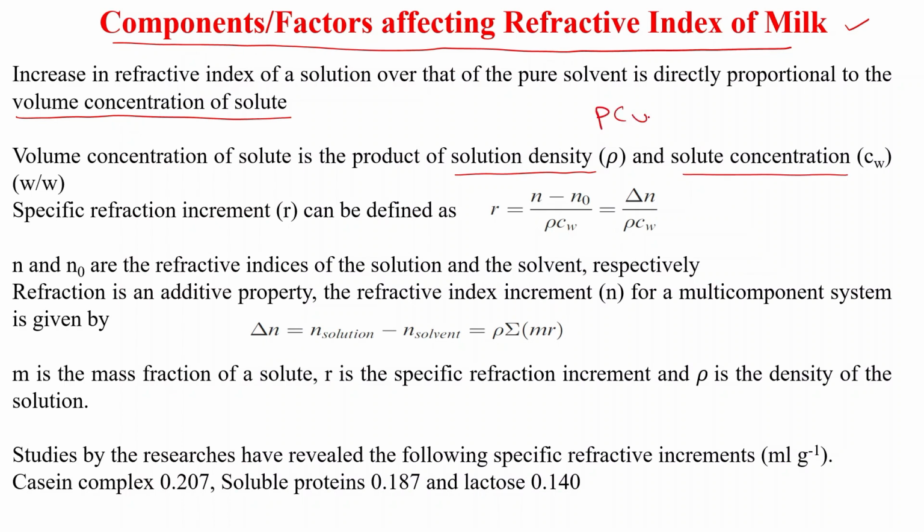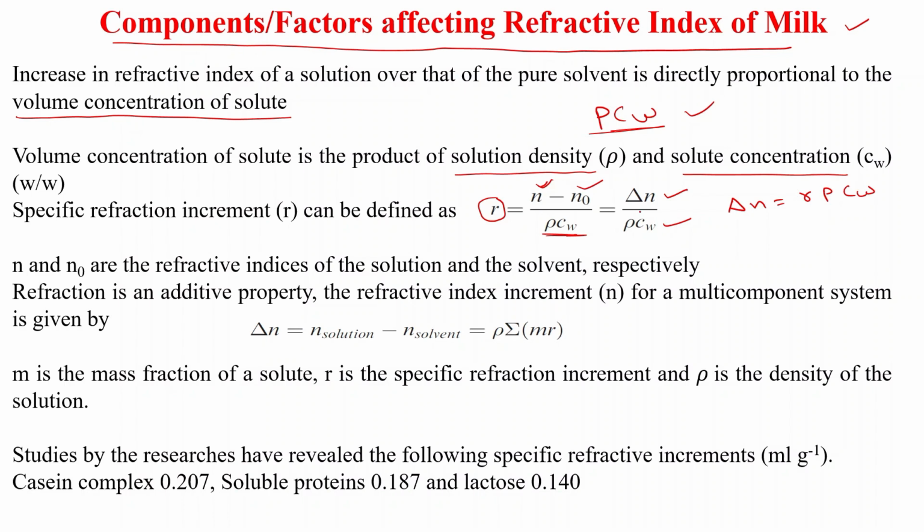Now the specific refraction increment, denoted by R, is defined as the refractive index of the solution minus the refractive index of the solvent, divided by the volume concentration, rho CW. So it can be written as delta N divided by rho CW. If we rearrange it, delta N is equal to R rho CW.